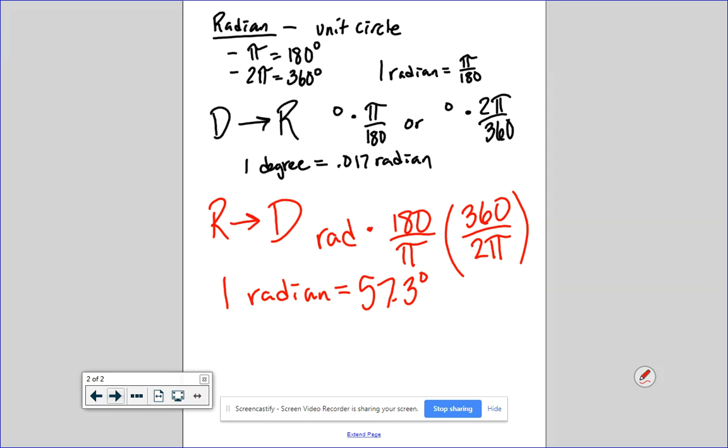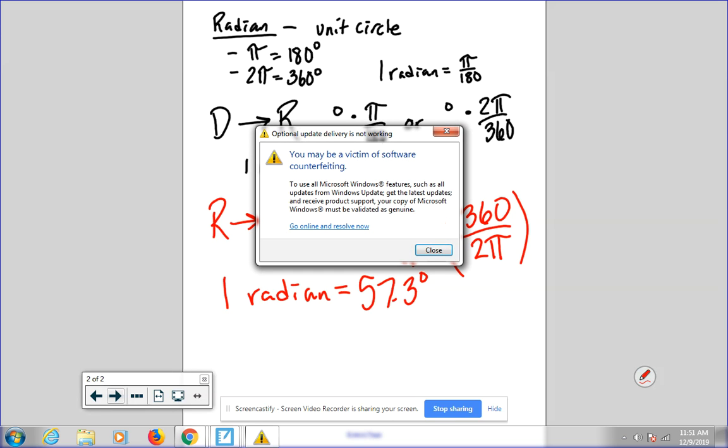It all comes back to the equations for a circle: 2 pi r for circumference and pi r squared for area. Circumference is one rotation all the way around the circle, the perimeter of a circle. That's why the equation is 2 pi times radius. 2 pi is the radian angle measure all the way around a circle.